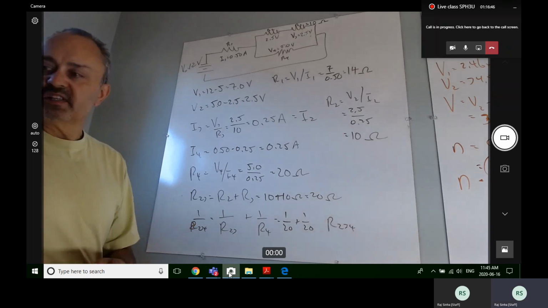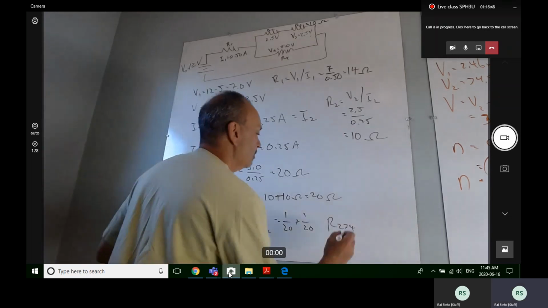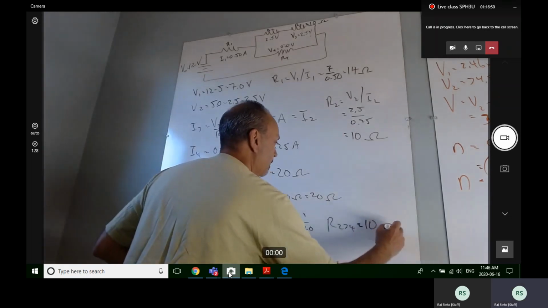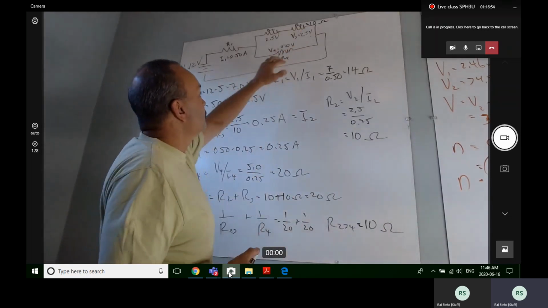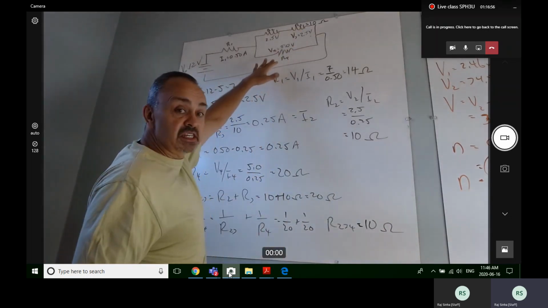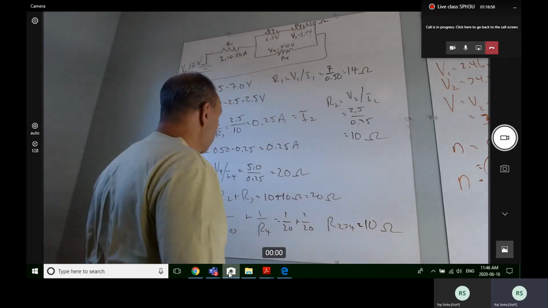I'm getting a total resistance of 10 ohms. Again, just double check. I've got 20 here and 20 up there, so my equivalent resistance has to be less than the lower one, which it is.